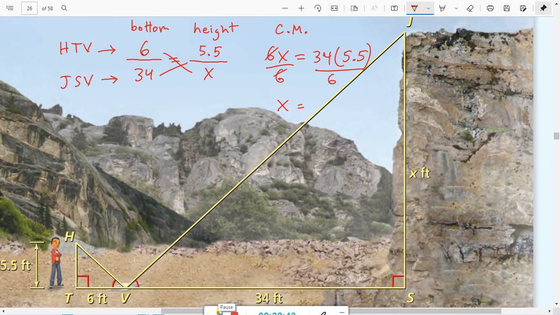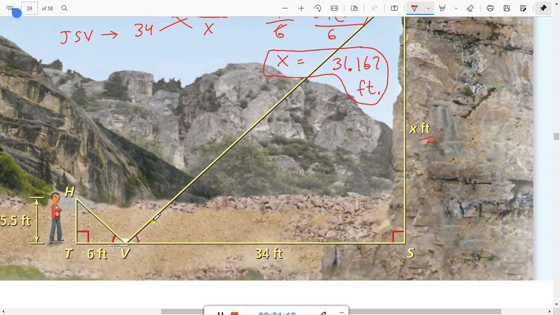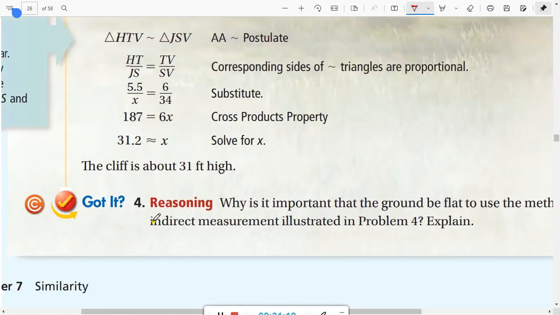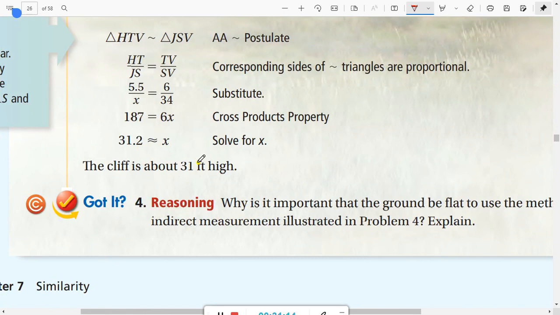Okay, and I get 31.16 repeating. So it's just going to be 31.167. Okay, and it was in feet. So I'm going to write feet. All right, and that's what they said, about 31 feet high.